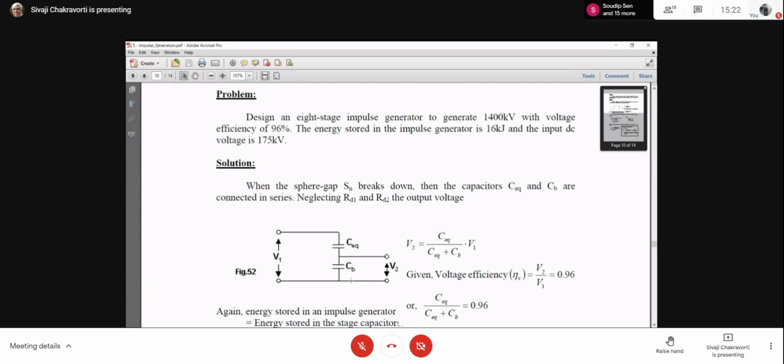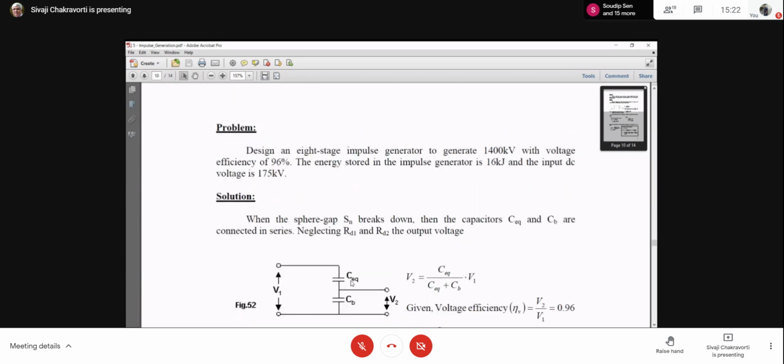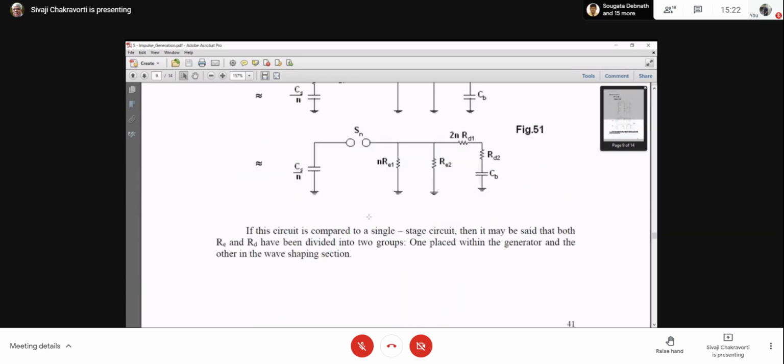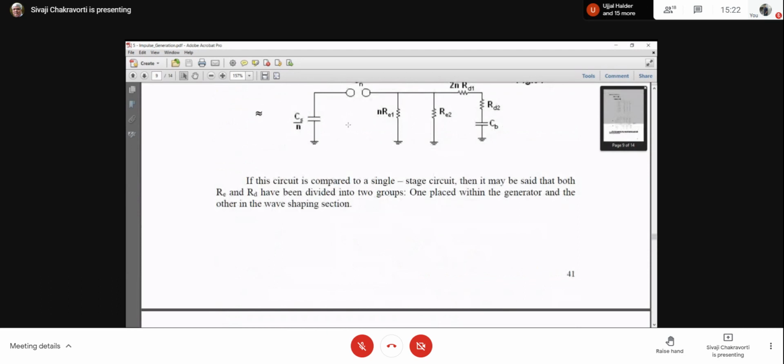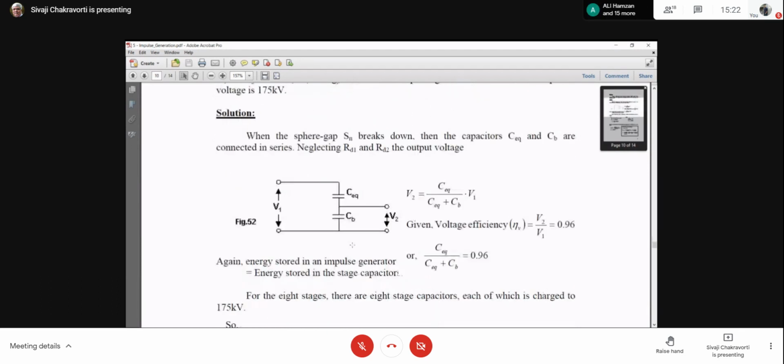This is the equivalent circuit here. Just look at only the two capacitors. If we forget about the resistance, they are connected in this form, right? Where this capacitor is charged with a certain voltage. If you do that, then V2 by V1 becomes our voltage efficiency.